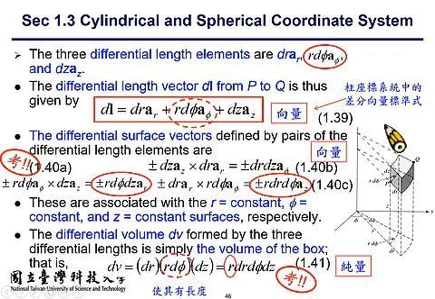coordinate system. Next are the differential surface vectors in the cylindrical coordinate system. Because a differential surface is a small piece of area, and it is not a closed surface, the direction of the small surface actually has two normal vectors, one pointing upward, the other pointing downward. So all the descriptions here have positive and negative signs.